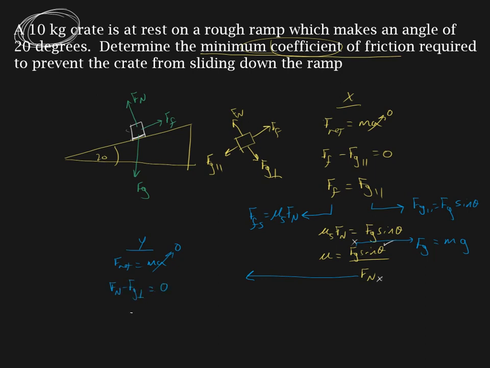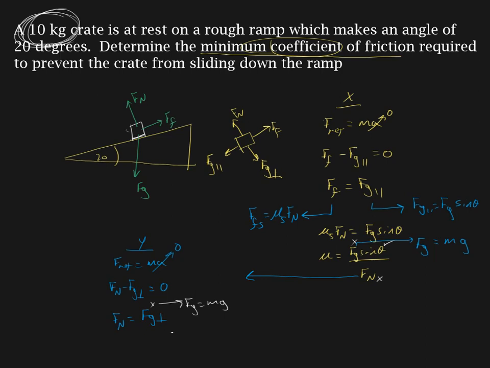is equal to 0. And the normal force is what we're looking for, so we solve for that, and we get Fn is equal to Fg perpendicular. Now again, if I go through a checklist, do I have Fg perpendicular? I do not. Again, I have a mass, and so I will substitute the definition of gravity, Fg is equal to mg, in for that.